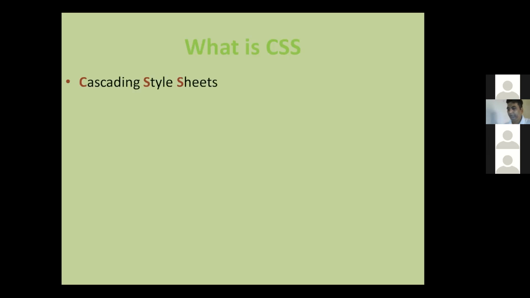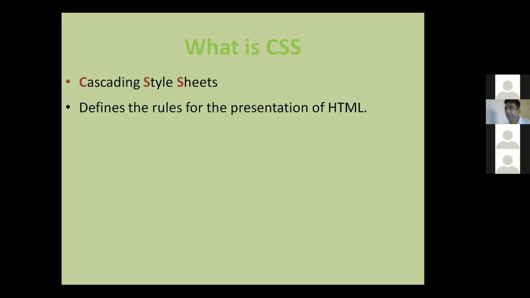What actually are cascading style sheets? This technology, in abbreviated form, we call CSS, and CSS stands for cascading style sheets. What is the purpose here? HTML code by itself doesn't give a good look to the web page, right?